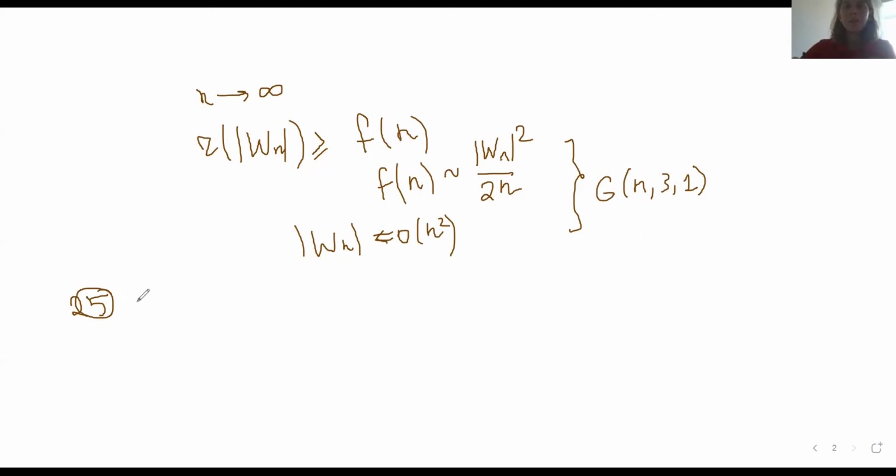Okay, let's find Wn divided by n pairs of elements, and none of these pairs will have any elements in the intersection. So these are just some separate pairs.